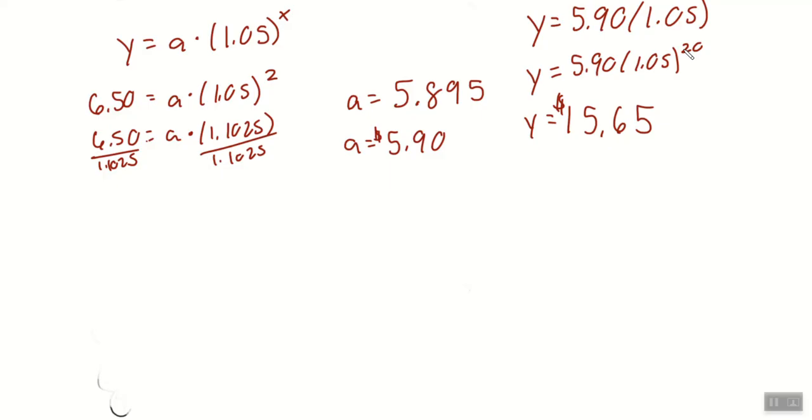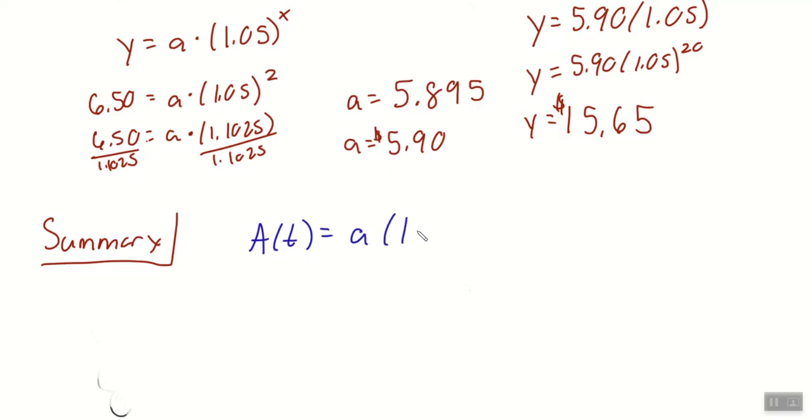Okay, let's do a little summary of the section. You guys learned a lot of things in 6.2. You got 2 new equations. A of t equals A times 1 plus r over n to the nt.